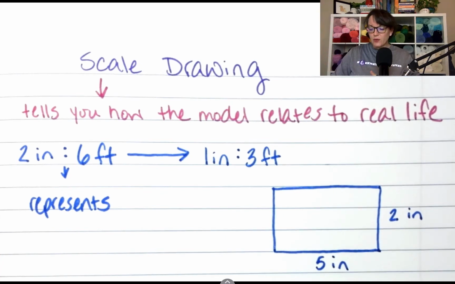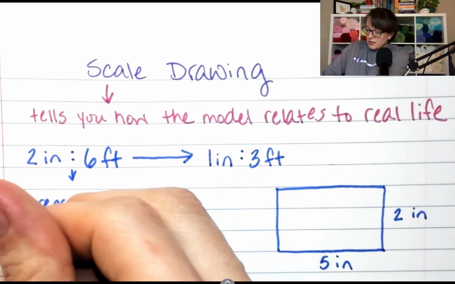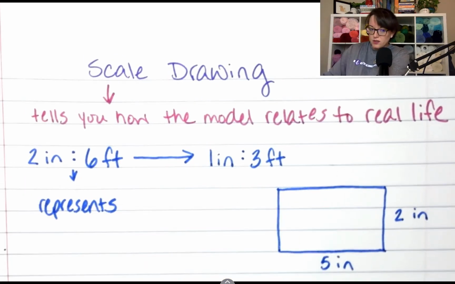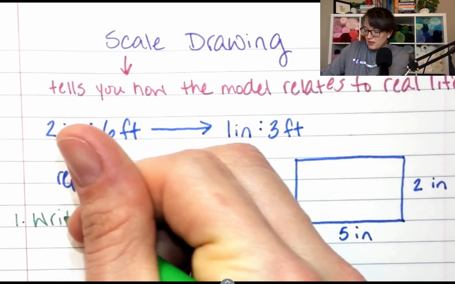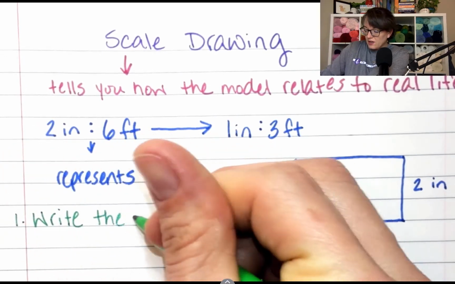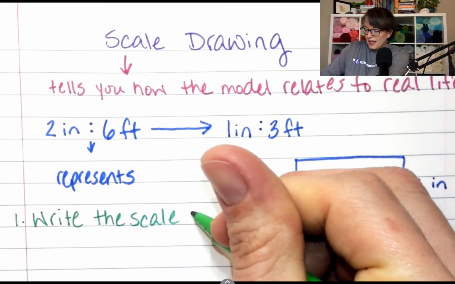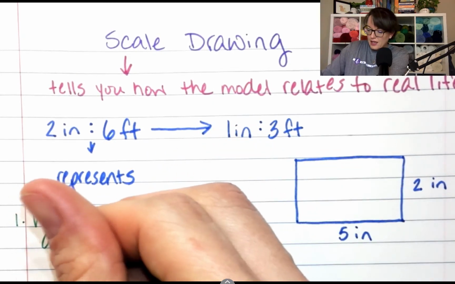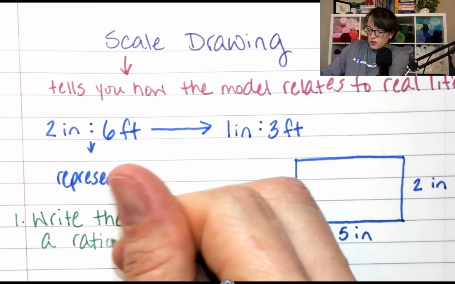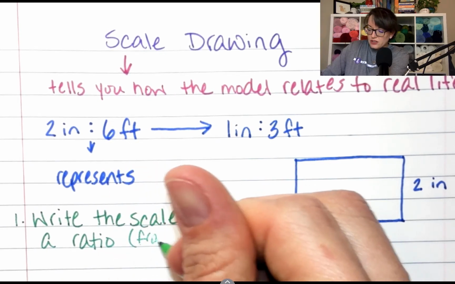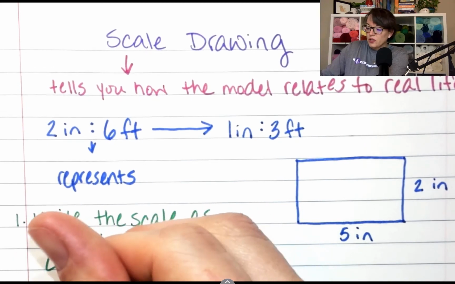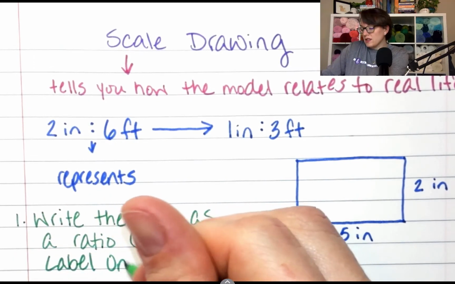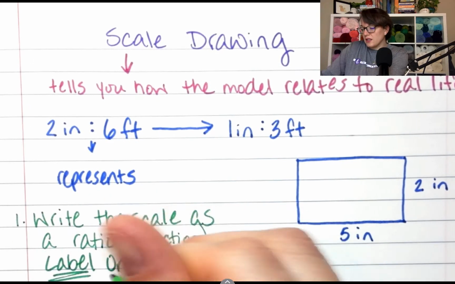The first thing we do, step one, we are going to write the scale as a ratio that looks like a fraction. Label your units. This is huge for this lesson.